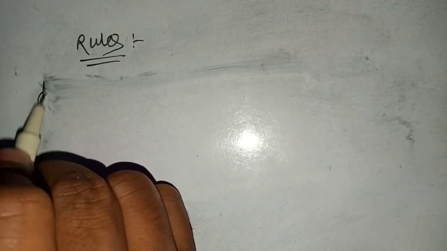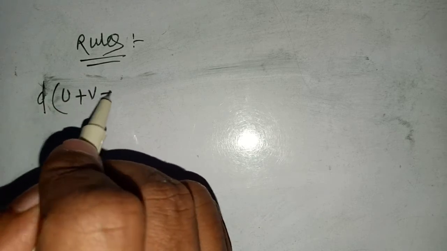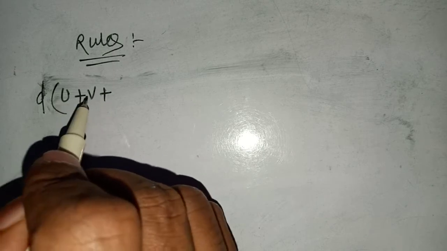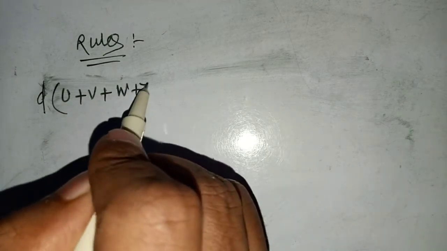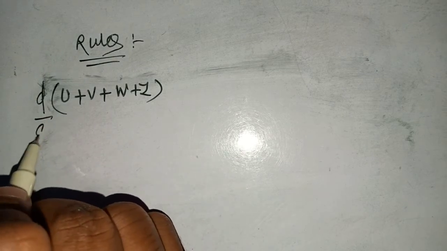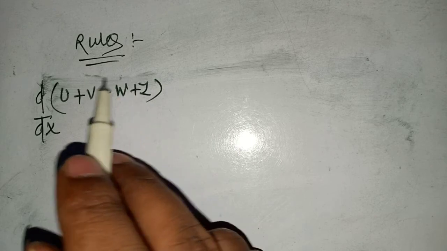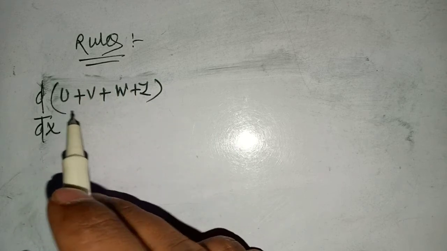Next rule. Now we will study the next rule. For example, differentiation of u plus v minus w plus z. All these are functions. Now suppose that you want to differentiate all these functions.